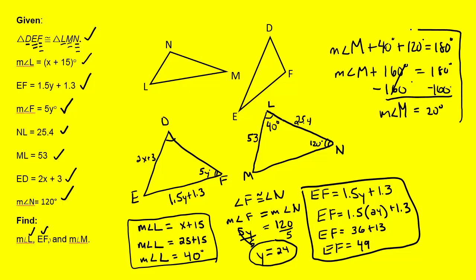So this is the work to conclude my final answer, which was to find the measure of angle M. We found it. That was 20 degrees. And I can see 20 plus 40 is 60, and 60 plus 120 is 180, so I know that solution should be correct. We were able to find the measures of these 2 angles, and the length of that segment.